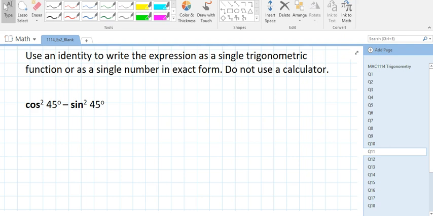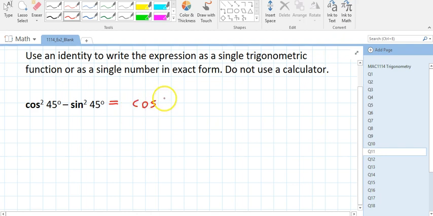There's 2 of those, right? So what this guy really looks like is cosine 45 degrees, cosine 45 degrees minus sine 45 degrees sine 45 degrees.